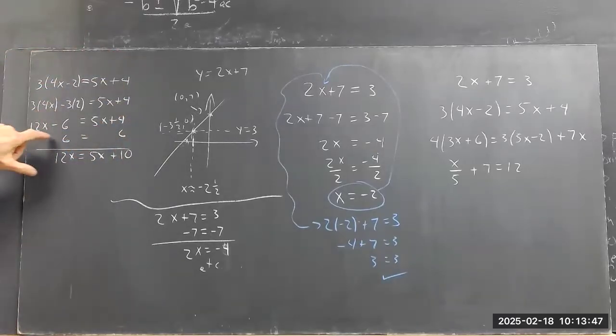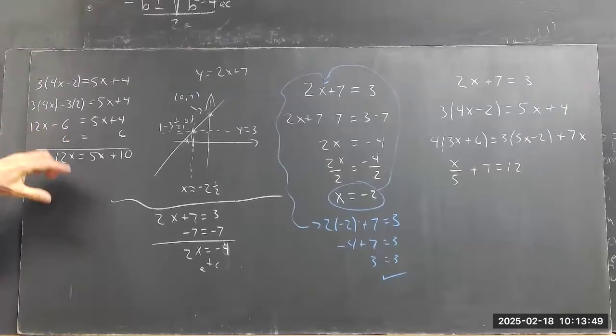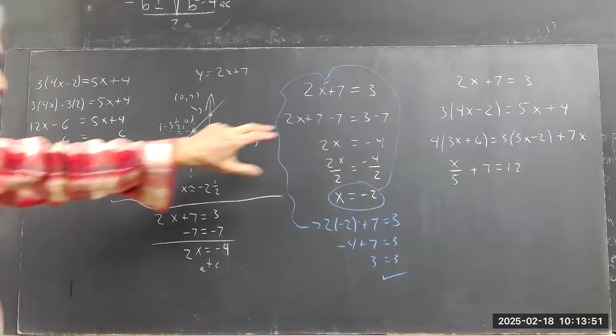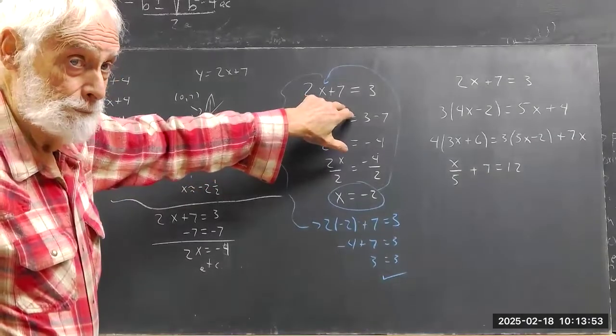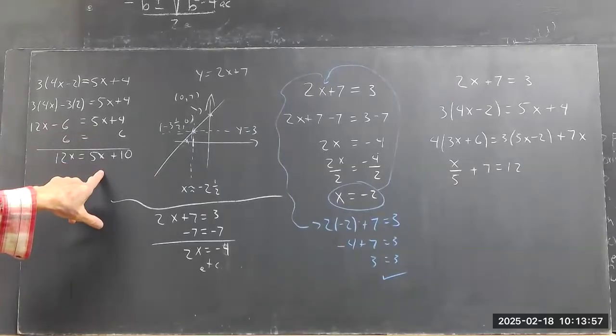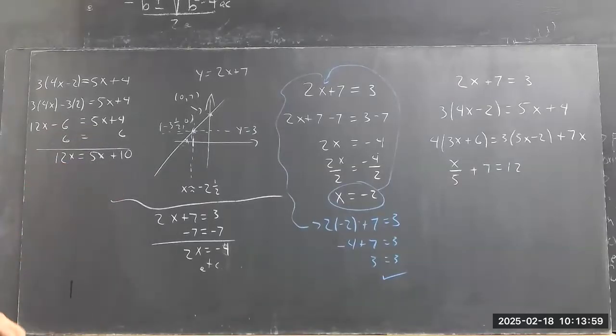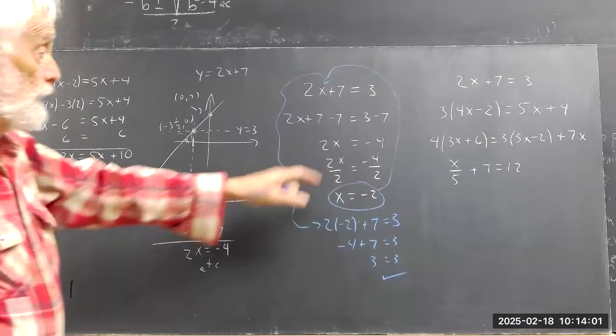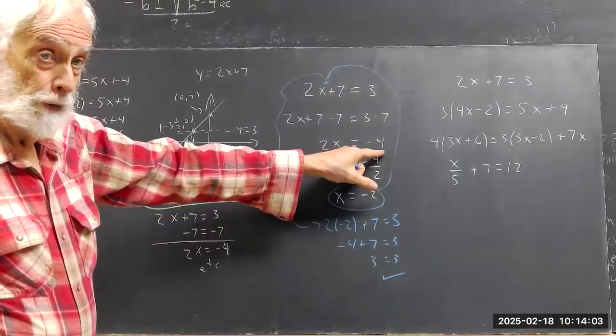The distributive law and multiply everything out, we get an equation that's not that much different than the one we just saw. Except we've got that pesky old 5x on this side. Well, we ultimately want to have our x's over here and our numbers over here.